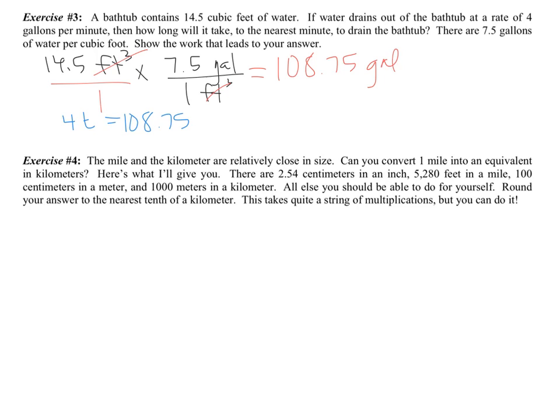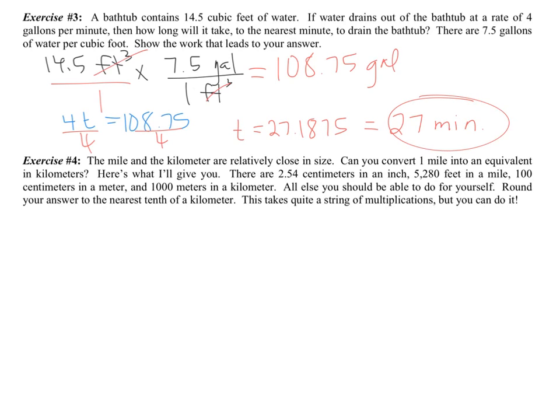We know that it takes 4 gallons per minute to drain. So 4 gallons per minute, and we want to know if there are 108.75 gallons, how many minutes is this going to last? So we divide by 4 on both sides, and T equals 27.1875, but we're talking about minutes, so it takes approximately 27 minutes to drain the bathtub.